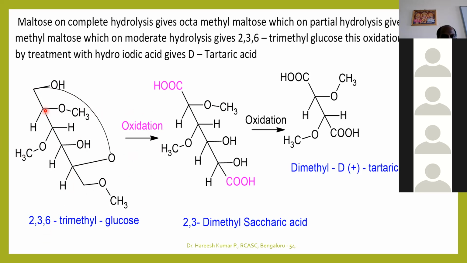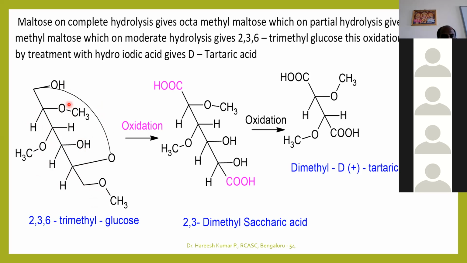You can find that this is a methoxy, this is also a methoxy. So 2,3 dimethyl, and of course this is a 6 carbon atom, so 2,3,6 trimethyl glucose. This is in a ring form. How is it obtained? It is obtained from maltose.